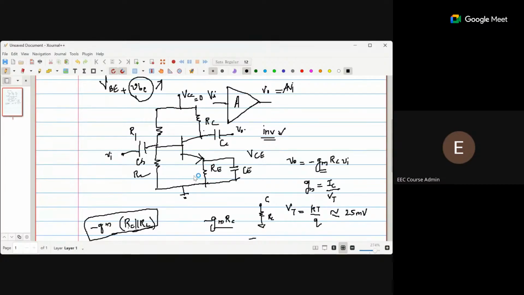If you make the AC pass through this, by making use of this capacitor CE, you can actually increase the AC gain of the amplifier. Yes, ma'am. That's the role of CE. That is your doubt, right?